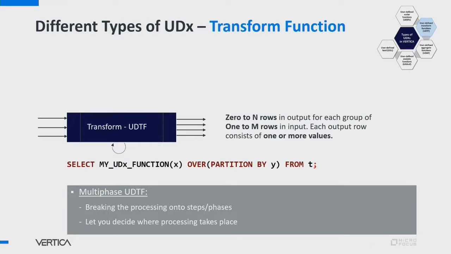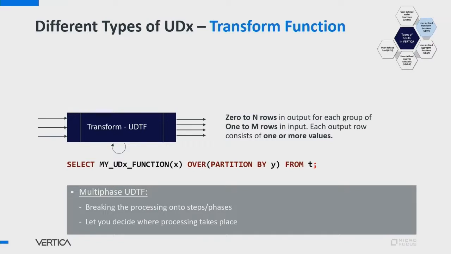User-defined transform functions have a specific subcategory called user-defined multi-phase transform functions, where the transformation can be split into different steps. For example, the first phase of your UDx could extract specific types of user interactions from a web server log stored in a column of the table, and subsequent phases could perform analysis on those interactions.